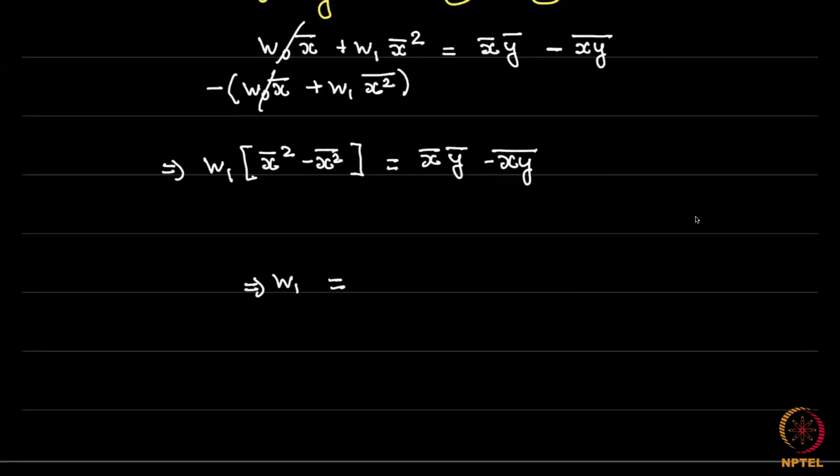So you can now write W1 equal to, I'm going to reverse the signs because that's the usual way in which it is written, xy bar minus x bar y bar divided by x square bar minus x bar square.